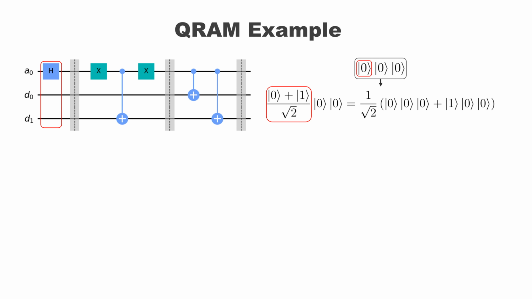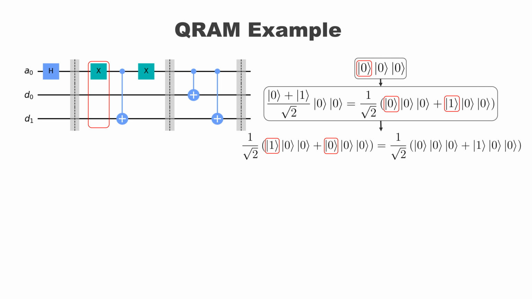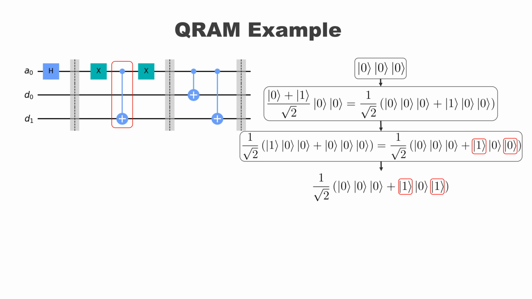At this moment, it is convenient to rewrite the state of the system as a linear combination of 000 and 100 states. The application of the first X gate flips the state of the first qubit. This operation doesn't really change the state of the system.